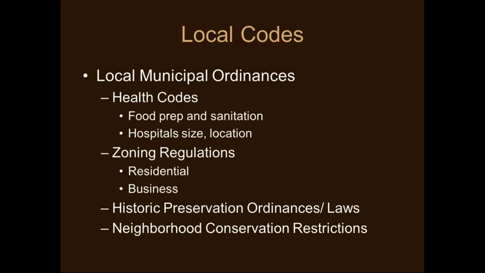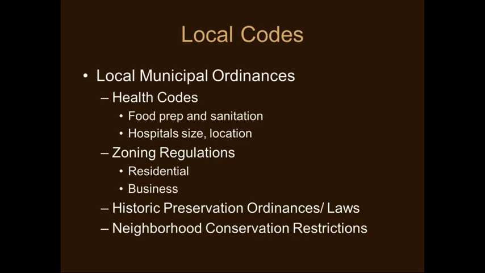Every jurisdiction, which we talked about, cities or areas or states, has local municipality ordinances. They may have health codes. You hear health reports going on for food prep and sanitation to hospital size and location. Sometimes there are zoning regulations from residential to business. Sometimes you'll have historic preservation ordinances.